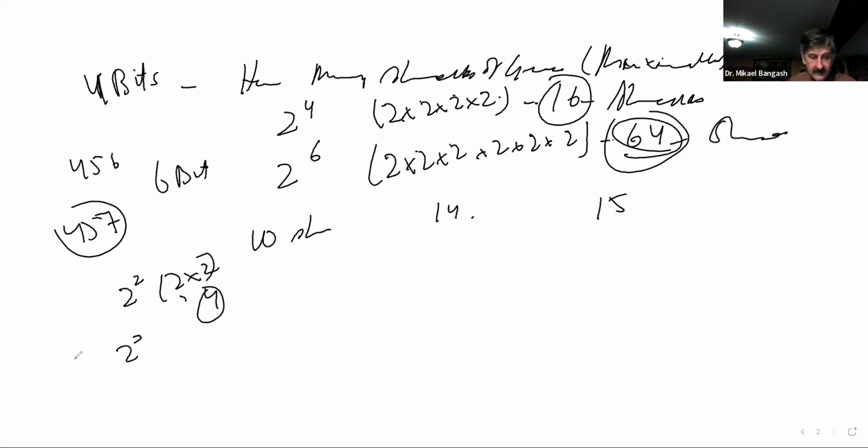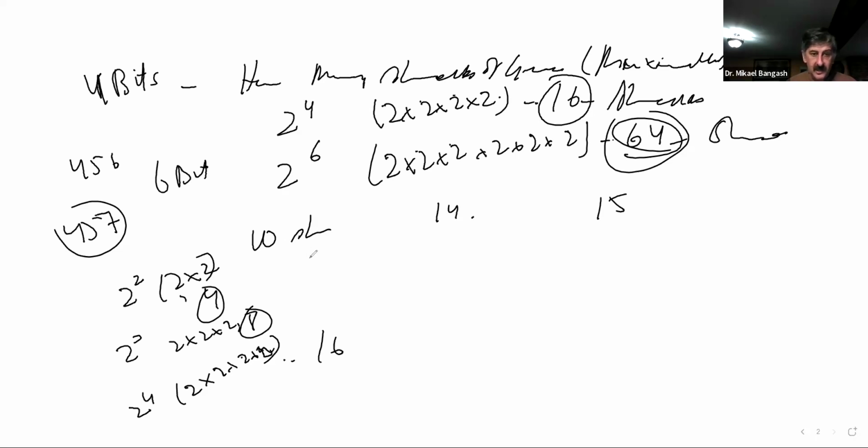If you go 3 bits, that becomes 2 times 2 times 2, which becomes 8. So that's too low too. If you go 4 bits, which is 2 times 2 times 2 times 2, 2 times 2 is 4, times 2 is 8, times 2 is 16.